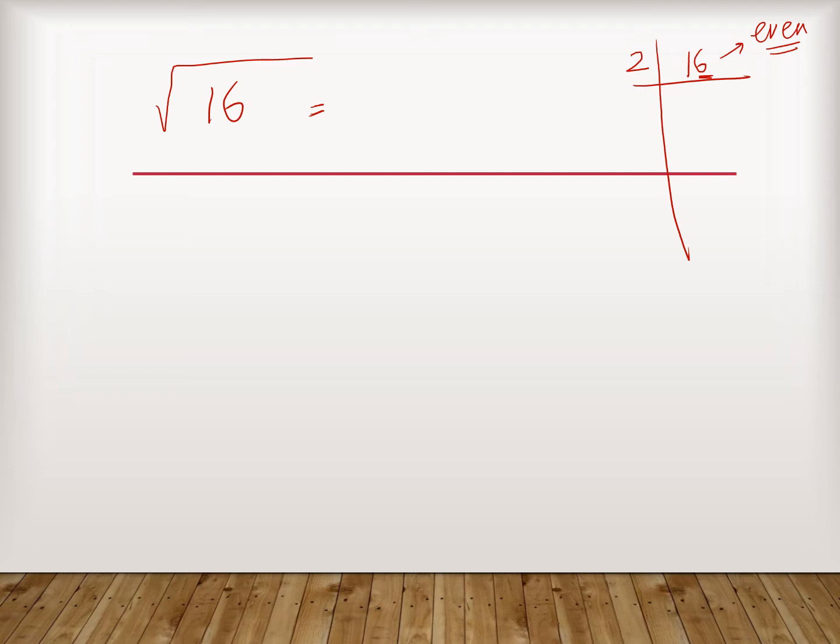Divide 16 by 2: how many times does 2 go into 16? 8 times. Then 8 divided by 2 is 4. Then 4 divided by 2 is 2. And 2 divided by 2 is 1. So now 1 is the last factor.